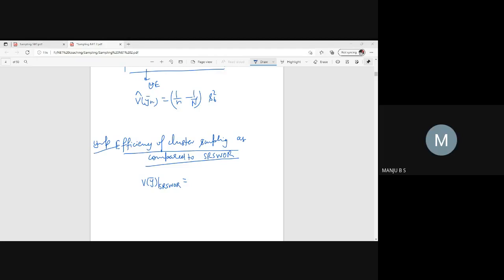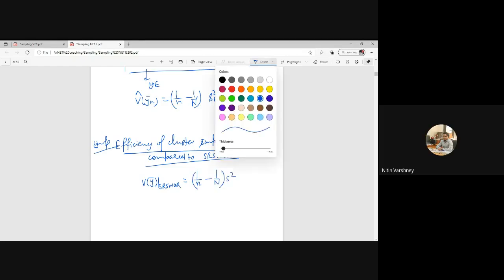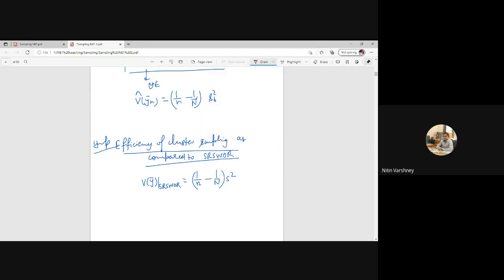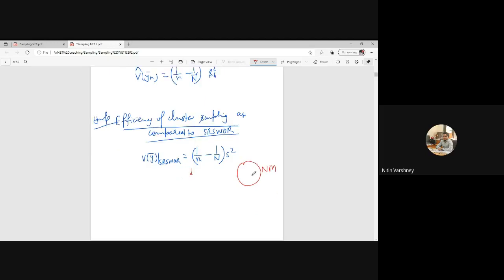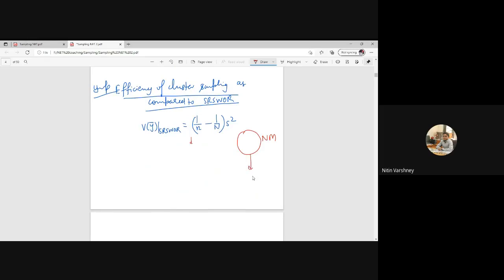One by small n minus one by capital N, S square. 1 upon n minus 1 upon capital N into S square. But in this case, this is my population size, and in case of cluster sampling, from here it is my sample size, isn't it?